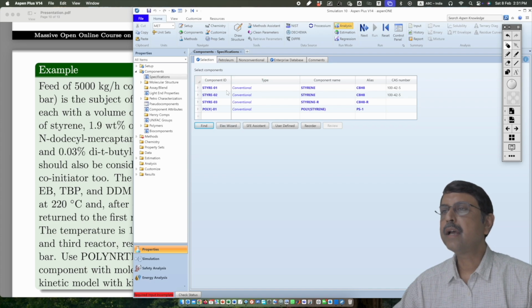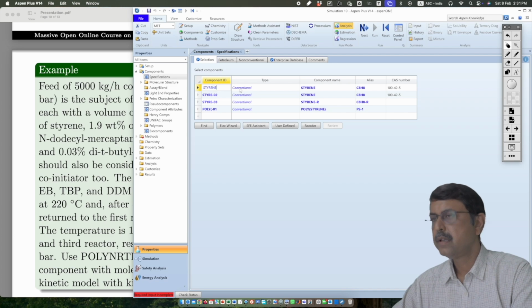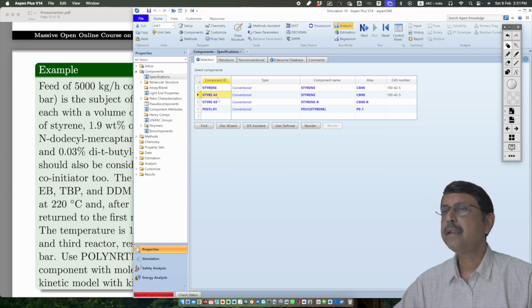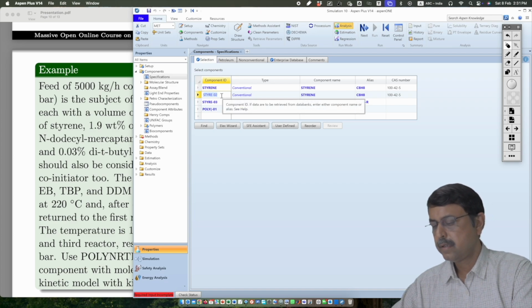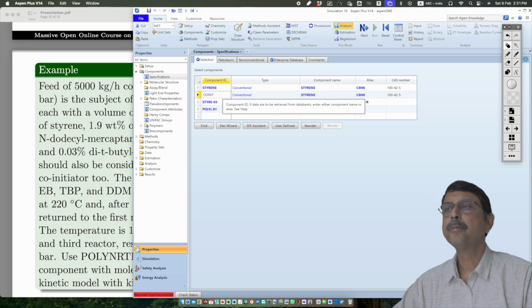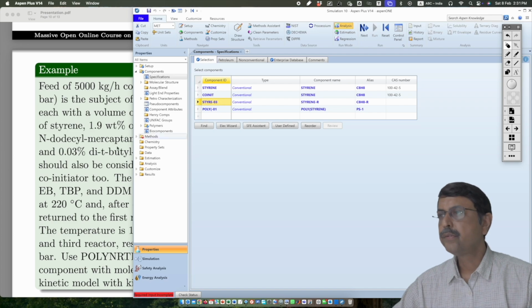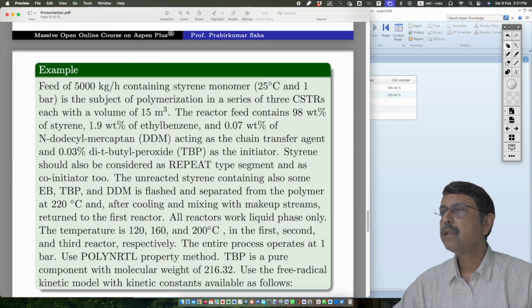So this is the conventional styrene. Let us go with styrene. Then let us choose it as co-initiator. Okay. So we have taken styrene, co-initiator, and this is segment type, right?